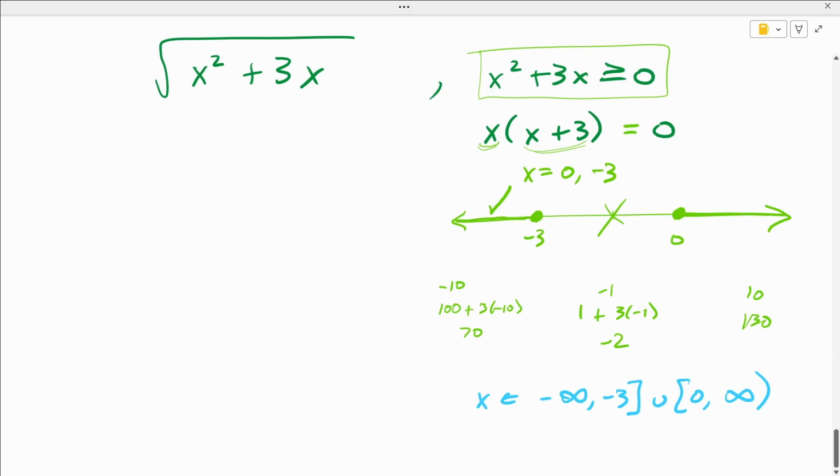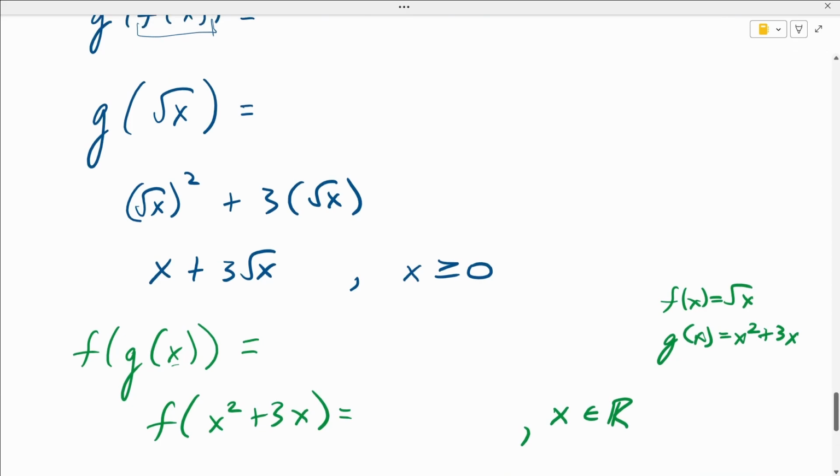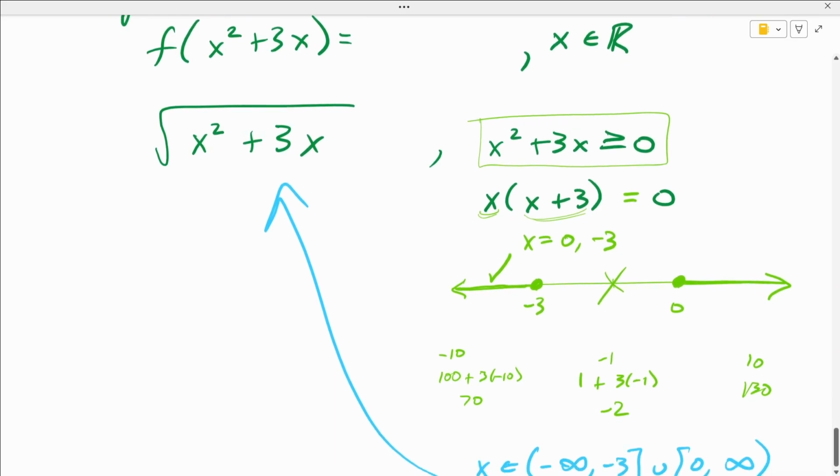I prefer to use round brackets. So that's pretty good. Okay, so this now is our domain on this answer. The domain is totally different from the domain that we got for the first one. And it's because of the order in which the functions are applied.